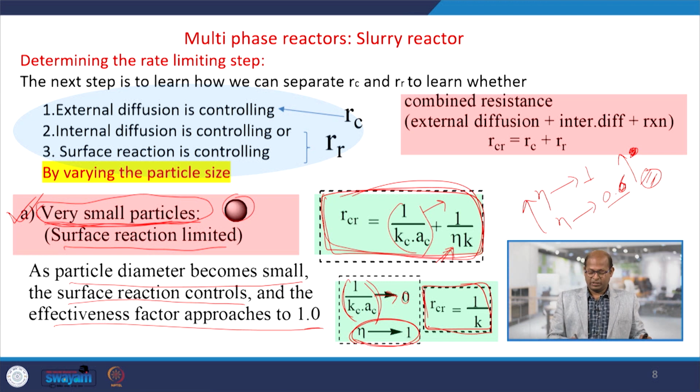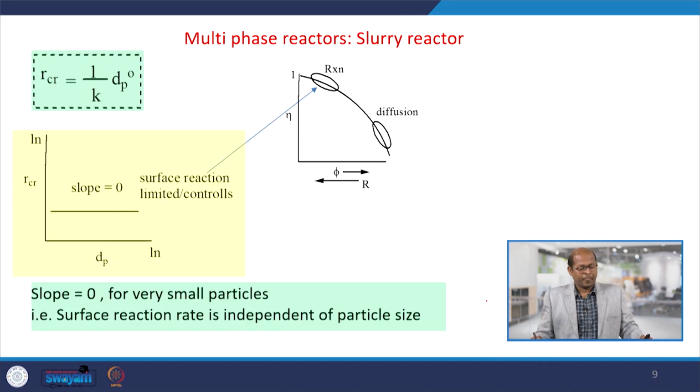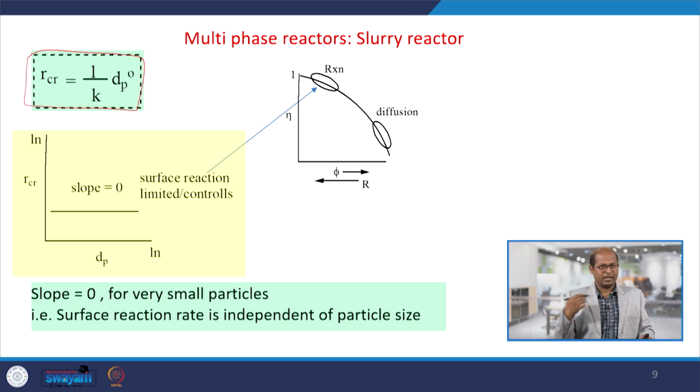Okay. So, the combined resistance, external diffusion resistance and internal diffusion resistance as well as reaction, would be like this. RCR equals 1 by K, that is the reaction rate constant, inversely related. Okay.